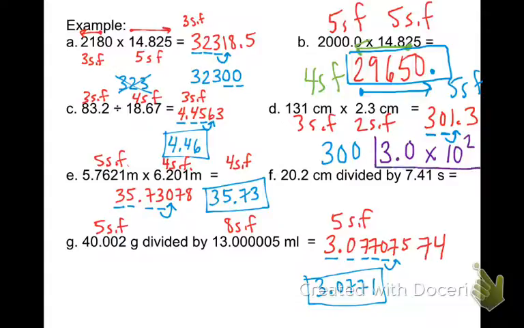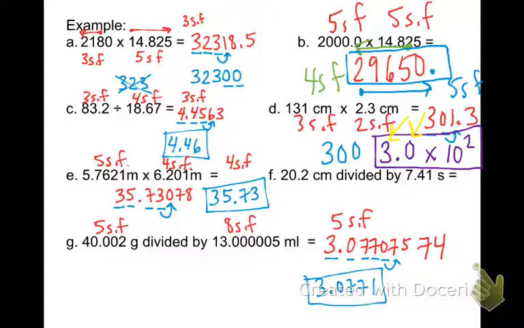So 3.0 times 10 to the second means that this 3 and this 0 are both significant. So now we have 2 significant figures like we wanted. That's how you would go about doing that.